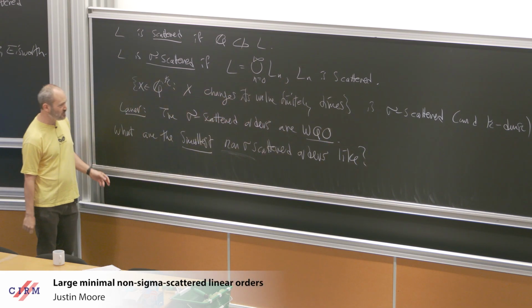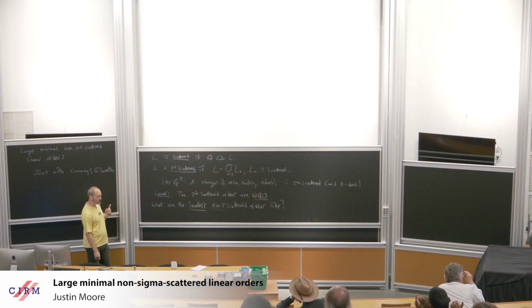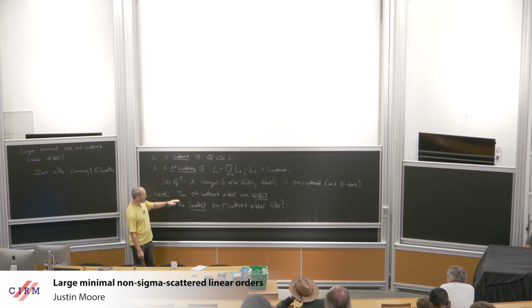And what does one mean by smallest? Well, you could talk in terms of cardinality. But you also might say smallest means minimal: being non-sigma scattered, if you take a suborder of it which is non-sigma scattered, then the original one embeds back into it. So minimal from the point of view of this quasi-ordering.